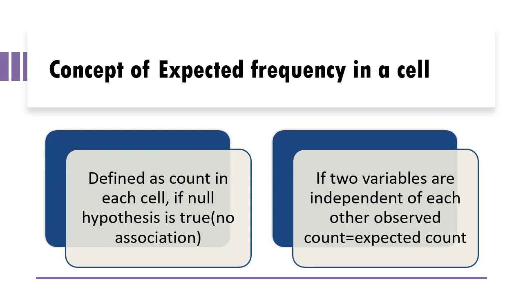Similarly, if the two variables are independent of each other, then definitely the expected count and observed count will be equal. And we'll see more about this when we perform the SPSS commands on the dataset. So the expected frequency in a cell would be that frequency or count when the null hypothesis is true.